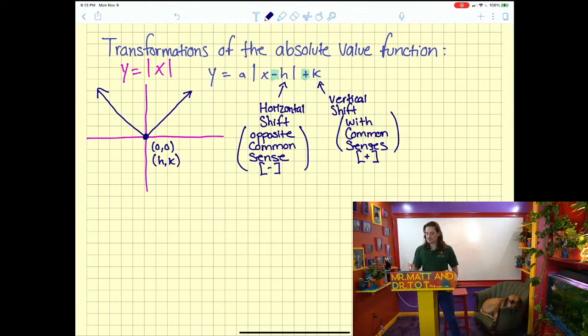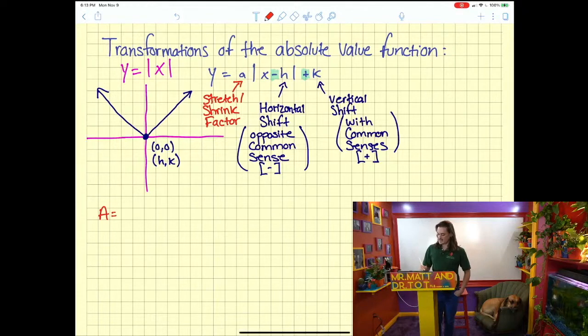What we haven't talked about yet is this a value. This a value is a stretch or shrink factor. I'm going to list this down here. When a is equal to 1, there's no change. It's just the normal, right?